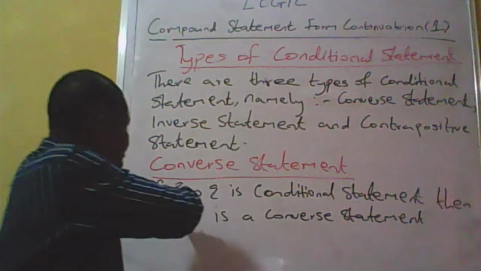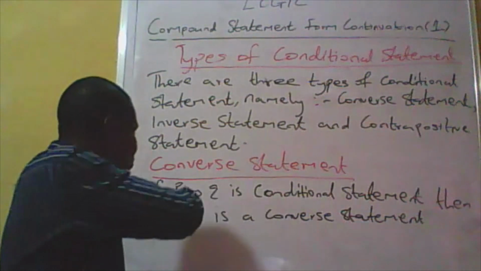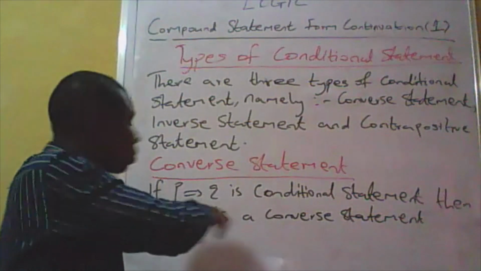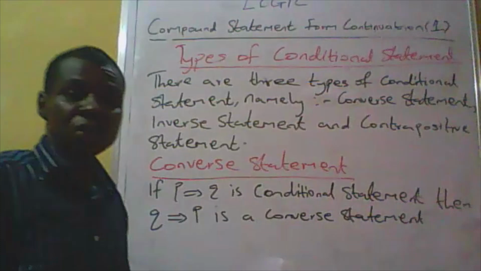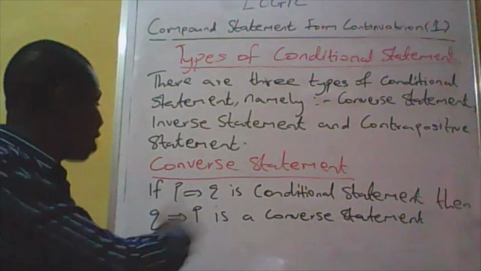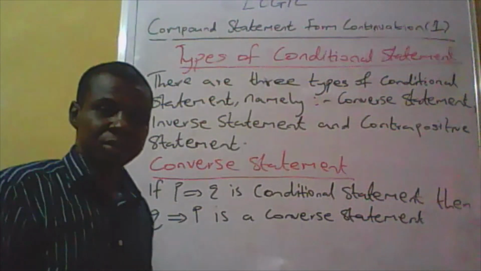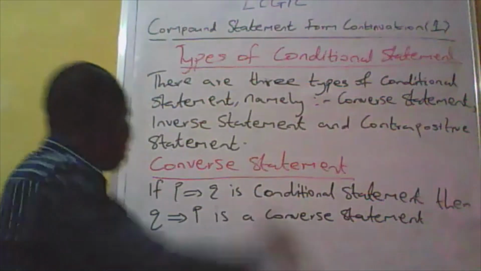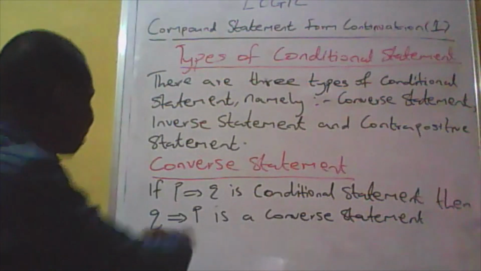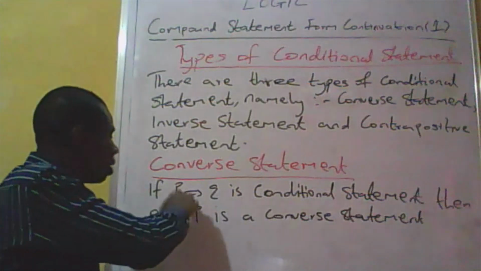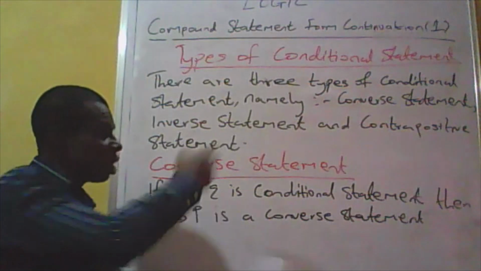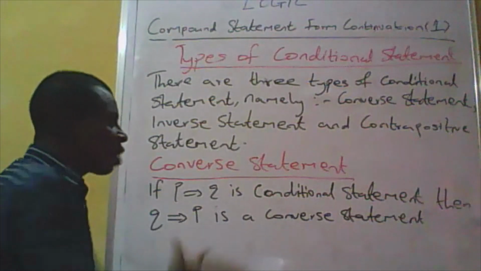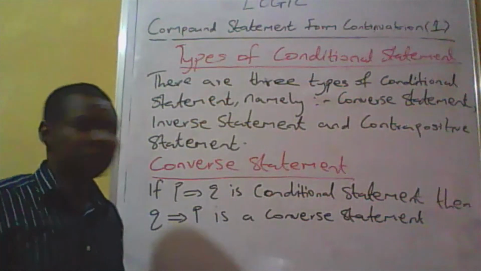Formerly, in the conditional statement, P is the antecedent, while Q is the consequent. But now the reverse is the case. That's why we call it the converse statement.